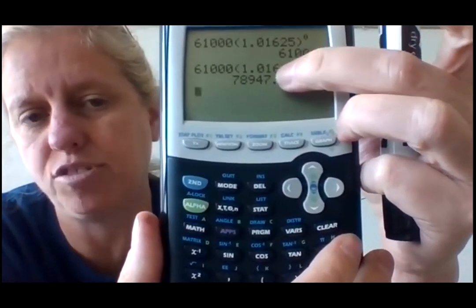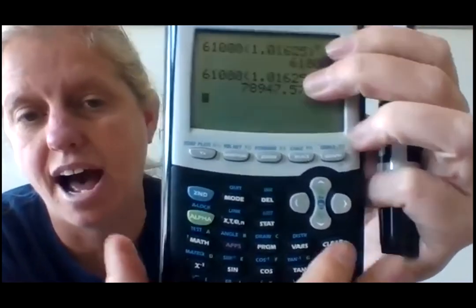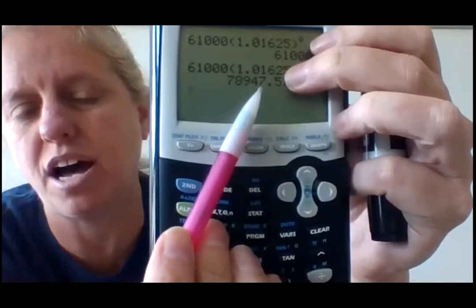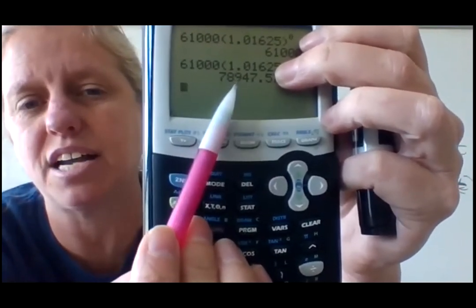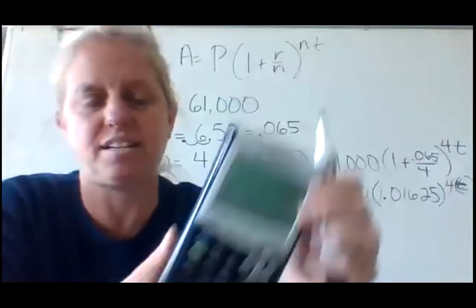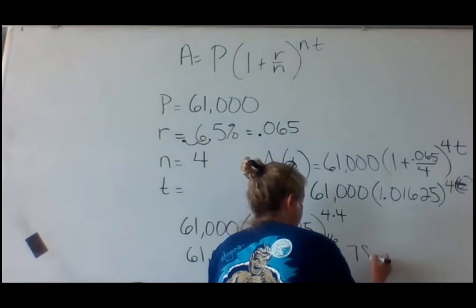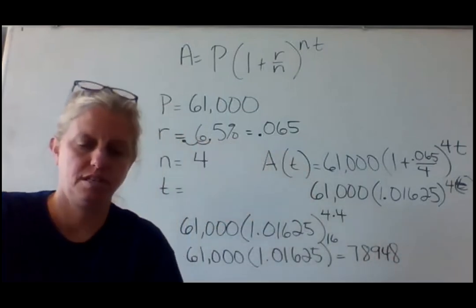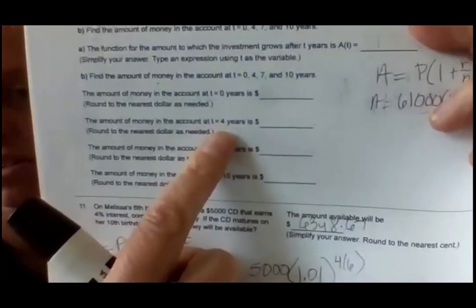Because those are cents after that. So do I need to round that 7 up to an 8? I do, right? Because if this is 5 or higher, that means this needs to round up. So after 4 years, you would have 78,948.